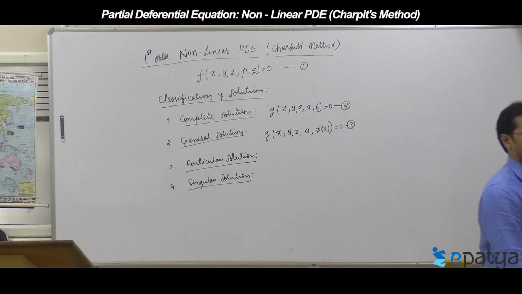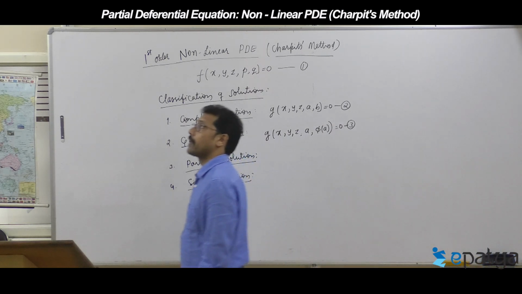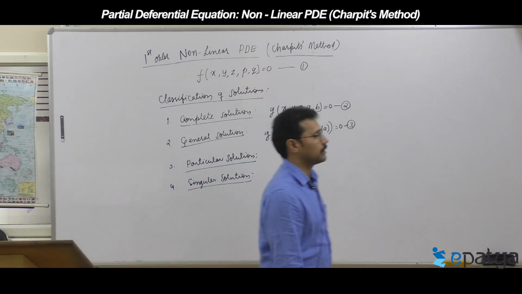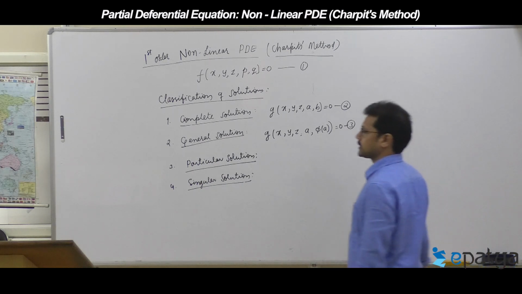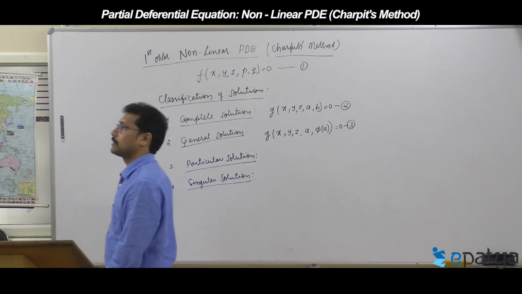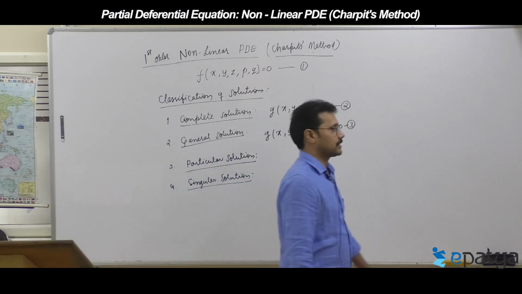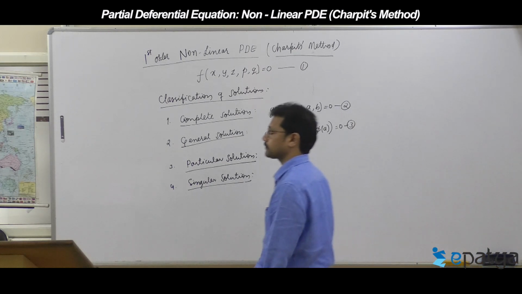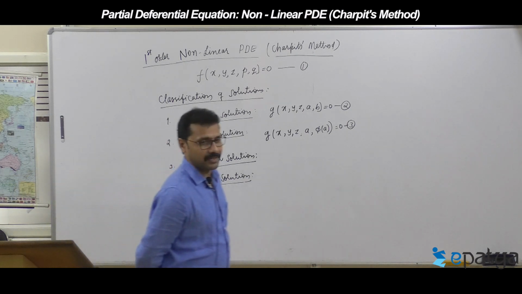Let the complete solution of differential equation 1 be G of x comma y comma z comma a comma b equal to 0. Equation number 2. I think we have already written that, right?